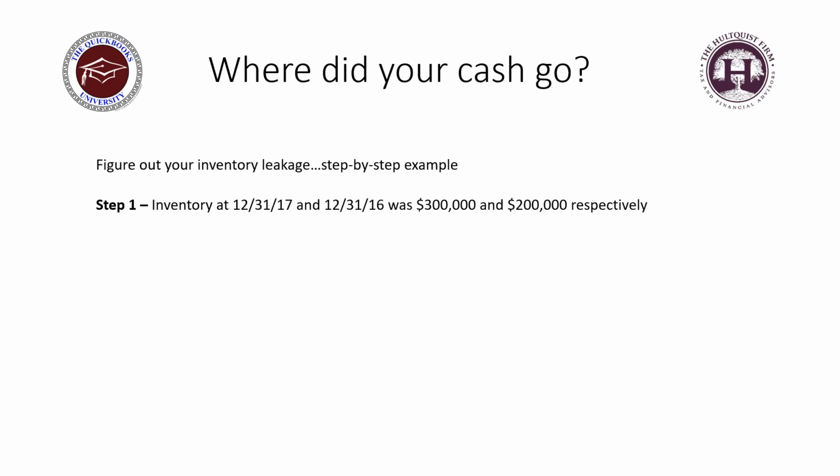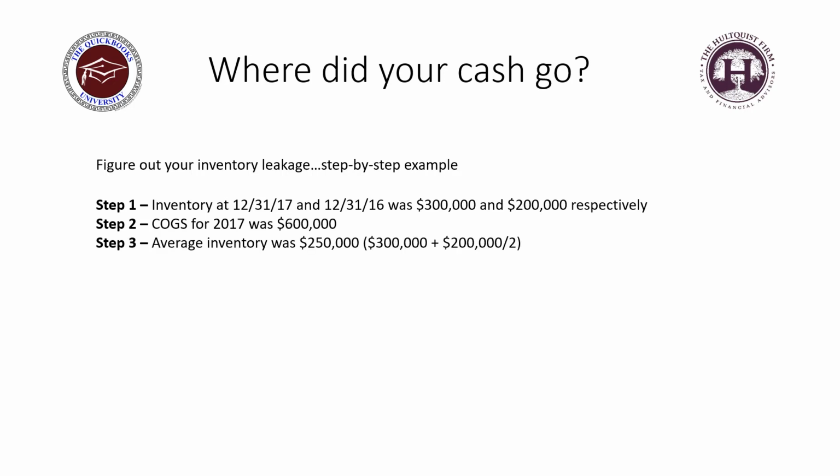All right, so let's take a look at an example here. Step 1, let's assume inventory was $300,000 and $200,000 at each year end. This is straight from your balance sheet. Step 2, your cost of goods sold for 2017 was $600,000. So we average the inventory. Again, $300,000 plus $200,000 divided by 2 is $250,000.